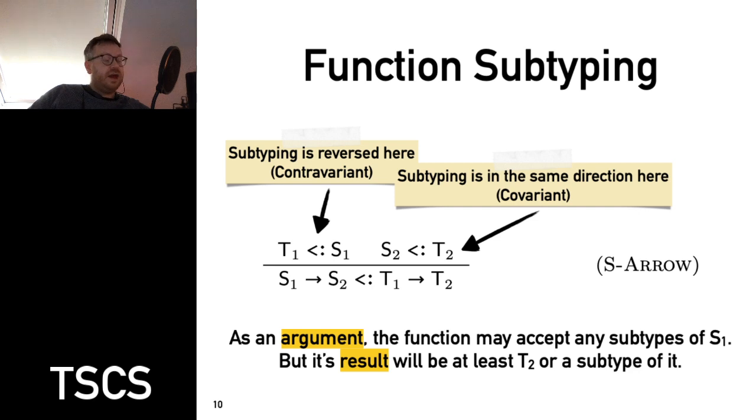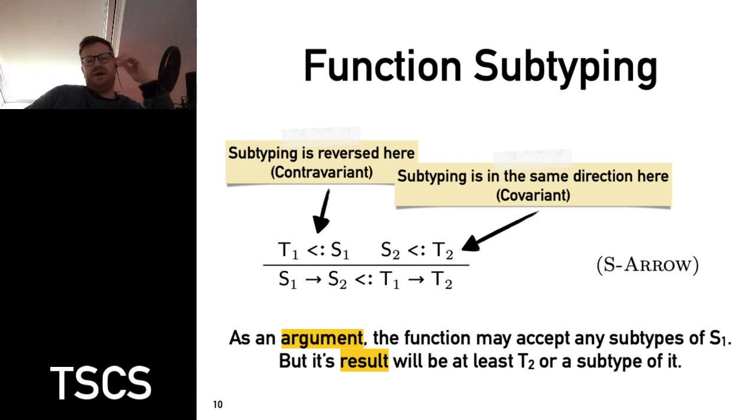In Scala, you can actually define that. You can define if your function is covariant, contravariant, also called invariant. That means that it only accepts the type you defined. And this is rather interesting to me because as a programmer, it leaves you a lot more design choices than before.